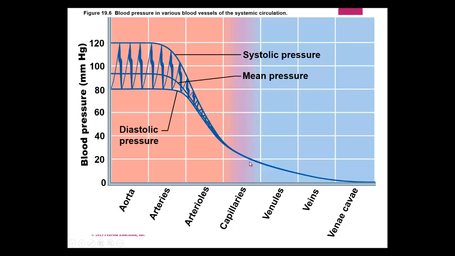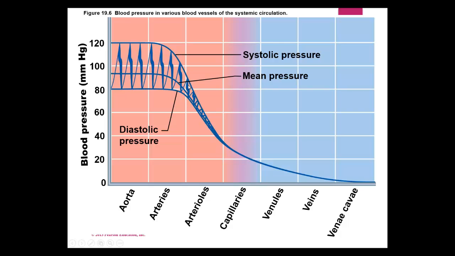Once we get out of the capillary bed, the blood pressure really drops off, because the venous side of our circulation is a low pressure side. It receives the blood and needs help getting it back to the heart, because it's not a pressure difference that delivers blood back to the heart, but it is pressure differences that deliver blood from the aorta to the arterioles.